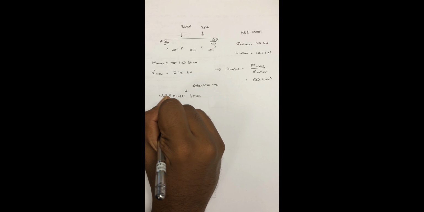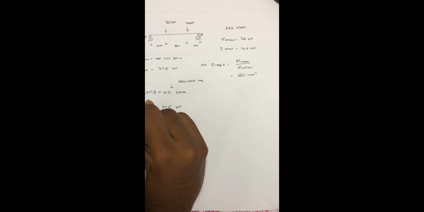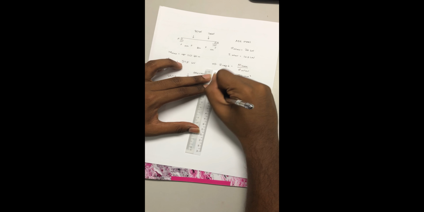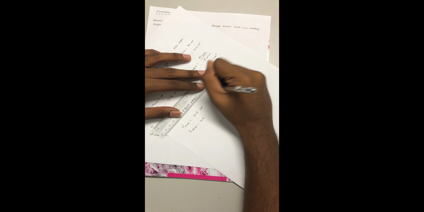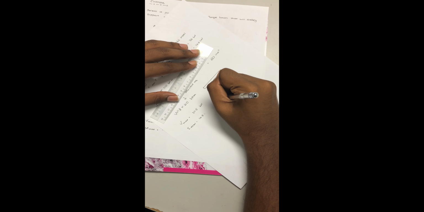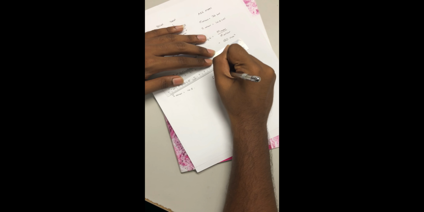So this maximum shear we'll write down again, and then the shear allowed, 14.5. Okay, now we have to draw an I-beam, this is the I-beam. The values we have just converted into inches.